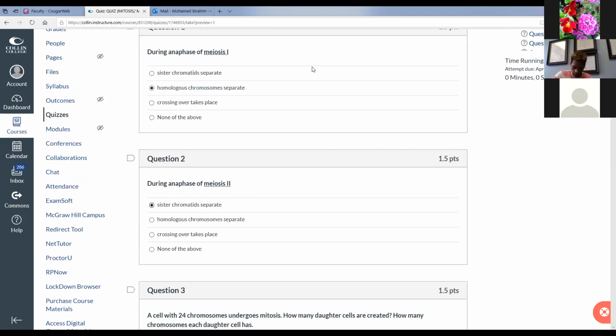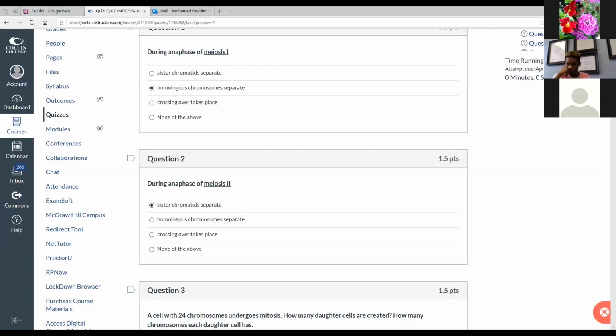Remember this. Meiosis in general can be divided into 2 different phases, meiosis 1 and meiosis 2, which are almost identical except for very major things happening in each phase.